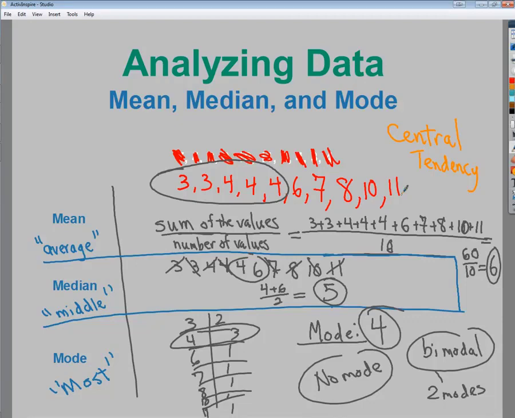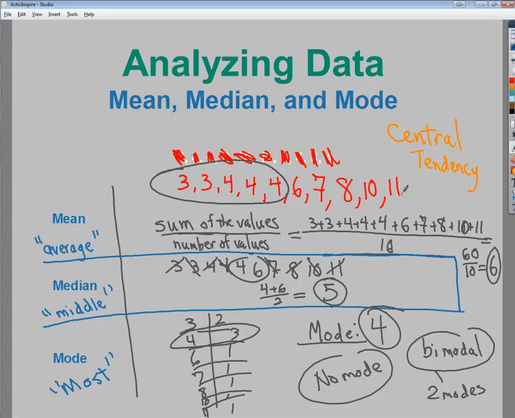The mode would have no benefit to me for the most part, unless I had a whole bunch of hundreds or something. There are other situations where the mode is reasonably useful, but in that case it would not be that helpful to me. But anyway, look at the data in terms of how it's skewed, and you get a good idea of which one, mean, median, or mode, is the best for you to analyze central tendency.